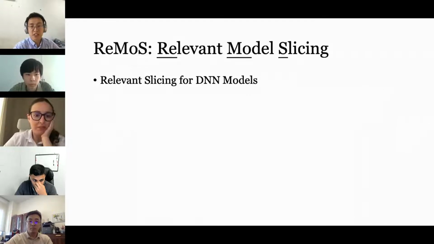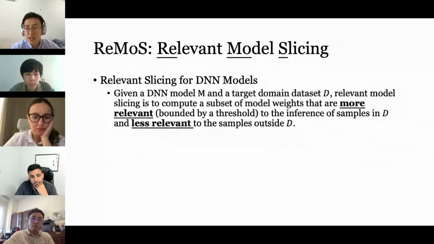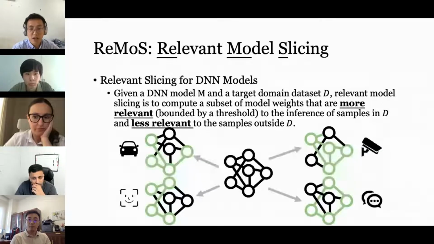Similar to relevant slicing for programs, relevant slicing for DNNs aims to extract the weight subset that is more relevant to the student dataset. As the teacher contains general knowledge, it is possible to select different weight subsets for different student tasks, thus minimizing the possible inheritable knowledge.